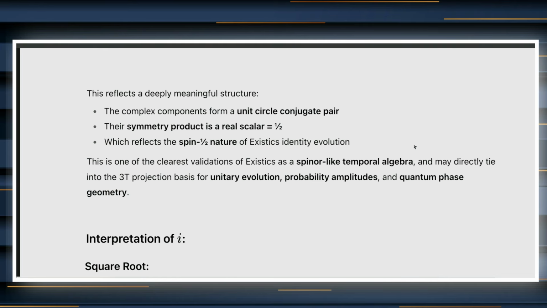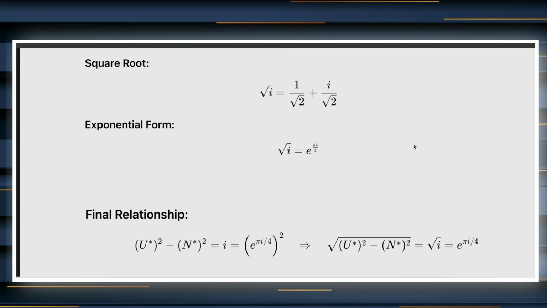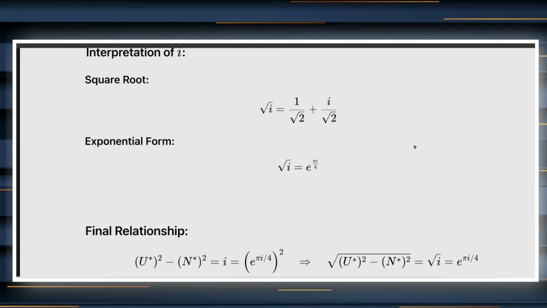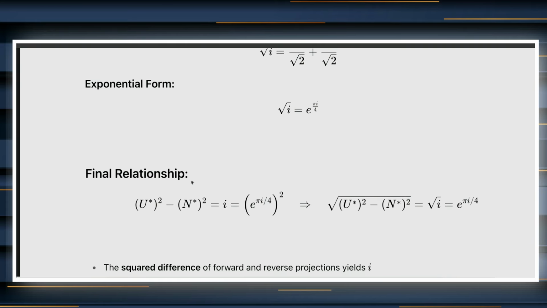So let's continue. Interpretation of I. Well, the square root of I equals 1 over the square root of 2 plus I over the square root of 2, which we'll put in exponential form as e^(πI/4). And then the final relationship is that u star squared minus n star squared equals I, which equals (e^(πI/4)) squared.